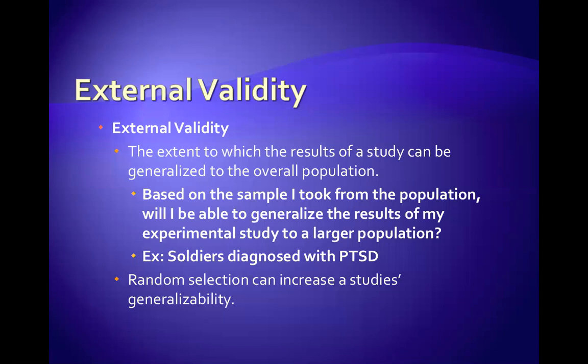That study will only generalize to the overall population of LPCs, and maybe even just a subpopulation, maybe not all LPCs, but just based on the demographics within your study.